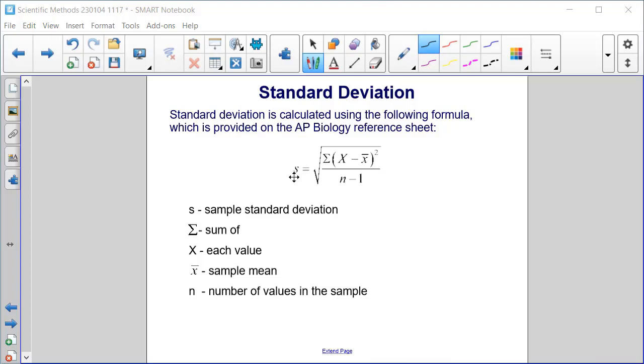S, which is the sample standard deviation, is equal to the square root of the sum of each value minus the sample's mean squared. So we find that value, then we add up the sums for every single value and divide by the number of values in the sample minus 1.